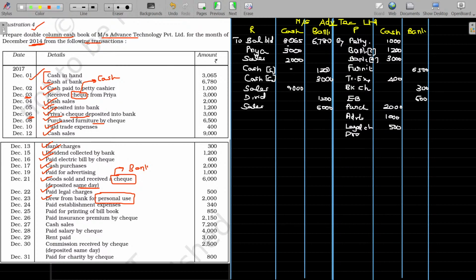That value should be posted in the bank column as it's drawings from bank. 2000 rupees should be in the bank column. Paid establishment expenses. In the payment side, establishment expenses, the value being 340.